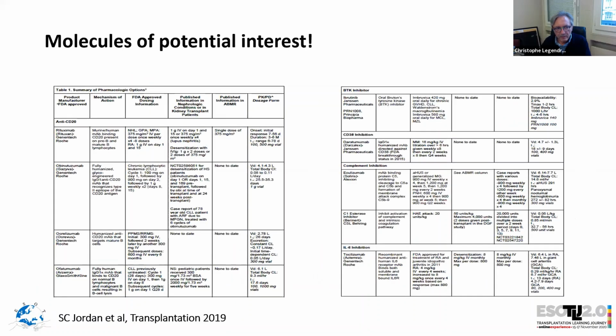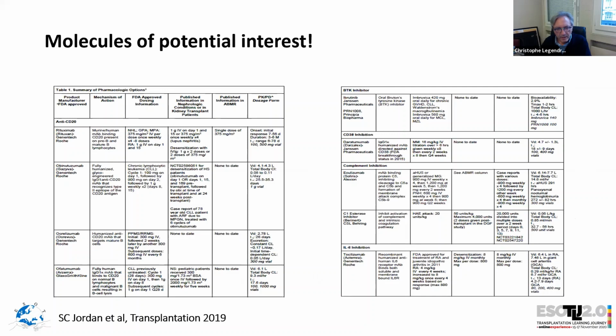These are the molecules that are currently studied or going to be studied. Of course, you cannot see on this slide, but this is an excellent review from Stanley Jordan. We have several drugs directed against B cells, more potent than rituximab.